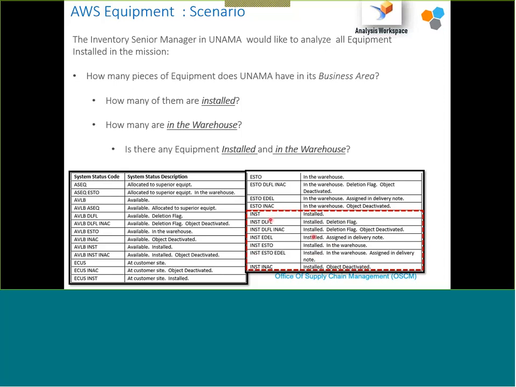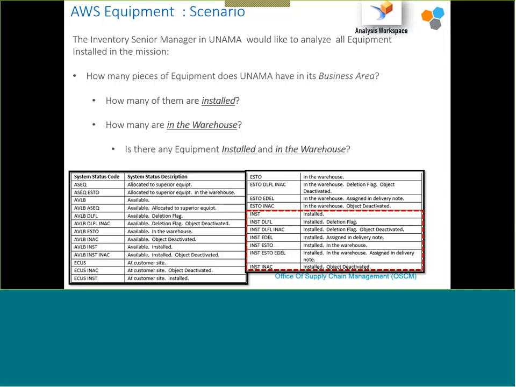Okay, so the intention to have these two tables here is to give you an idea and perspective of how many combinations you have in terms of system status, starting from the equipment located, available at the customer sites, all the combinations when the equipment is in the warehouse, and then the different combinations that you can find where the equipment is installed.